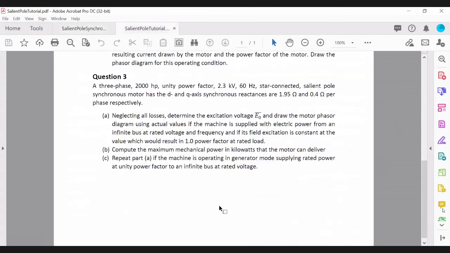And in the last part, I'm reversing the mode of the machine from motor to generator mode. And we're going to look at how the phasor diagram looks for a generator that supplies rated power at unity power factor.